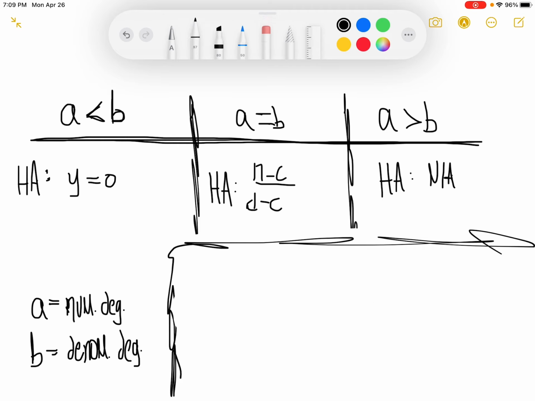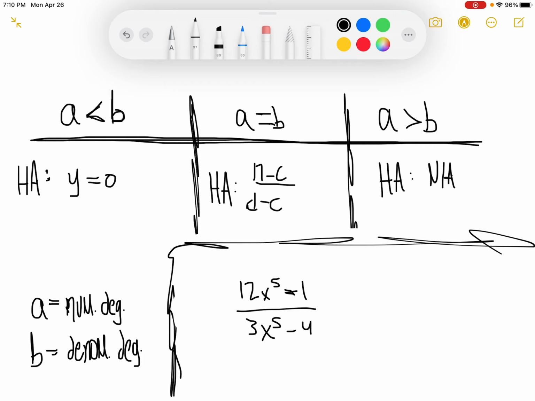Let's say we had 12x to the 5th minus 1 divided by 3x to the 5th minus 4. What is A?